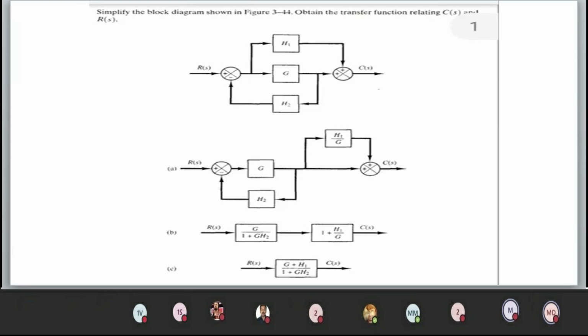So kindly notice that the ultimate goal is transfer function determination. Never forget that transfer function is defined as the Laplace transform of the output variable to the Laplace transform of the input variable at zero initial condition. So the transfer function is always determined in the frequency domain.